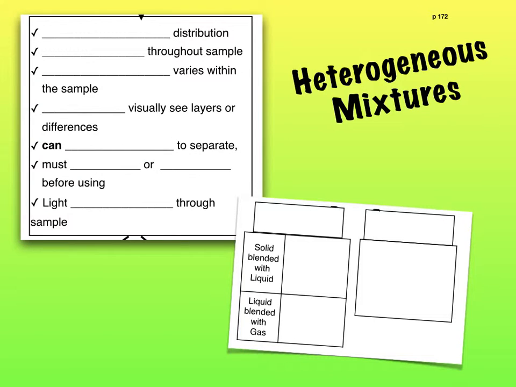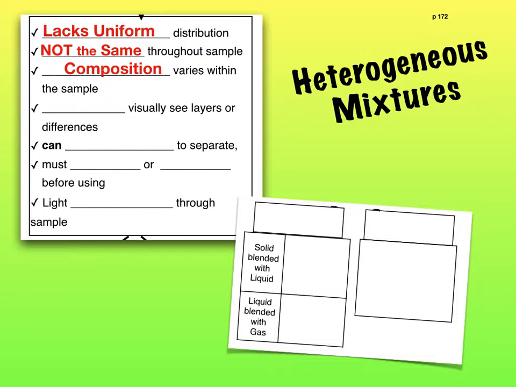Let's take a little bit deeper look at the characteristics of the average heterogeneous mixture. So if it's heterogeneous, there are differences. That means it lacks a uniform distribution. The sample is definitely not the same throughout because the composition varies within the sample.